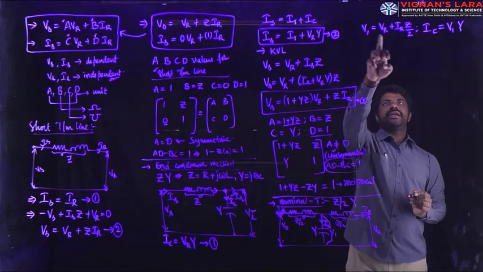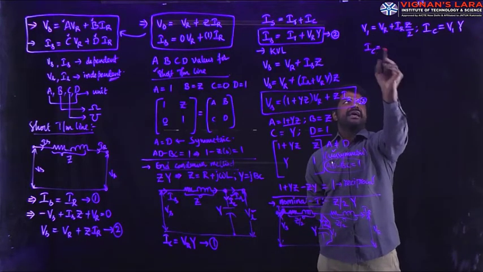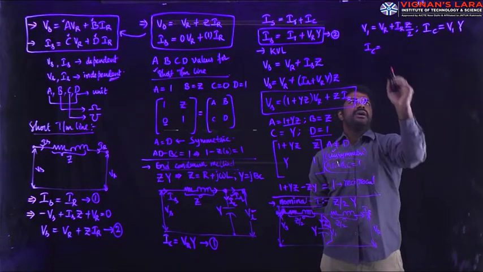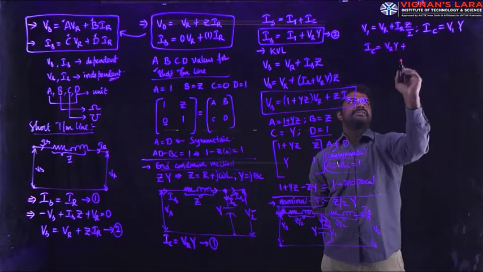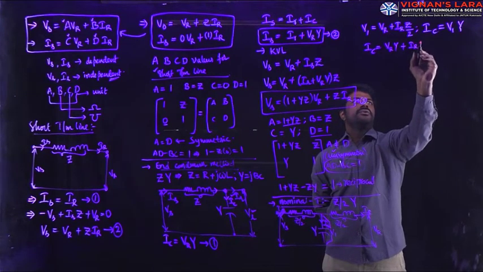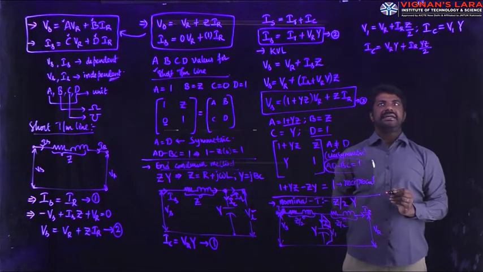Just now we calculated it. Substituting V1, we get this as VR into Y plus IR into YZ by 2. This is the current IC.